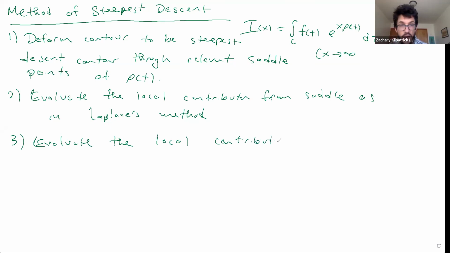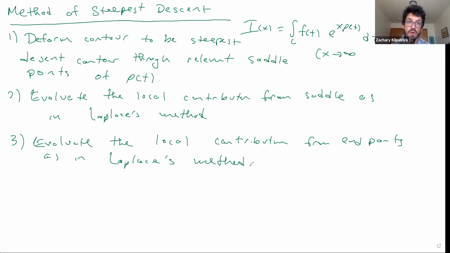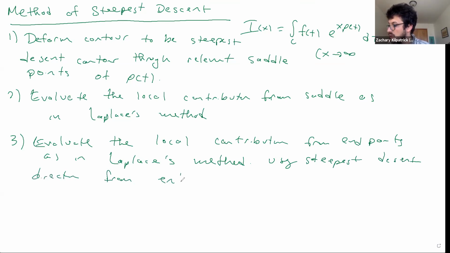So the idea is to evaluate the local contribution from the endpoints as in Laplace's method again. So you want to use the steepest descent direction also from the endpoint.